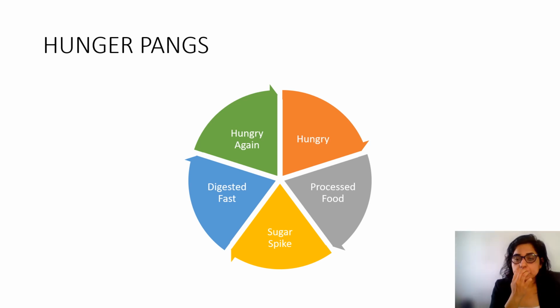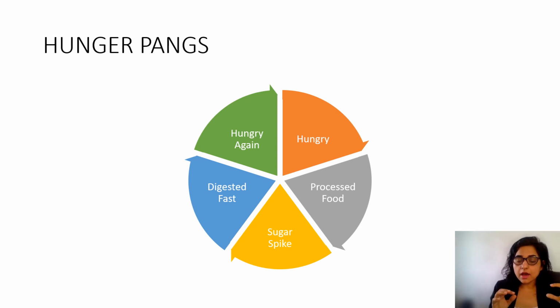Okay, now let's look at this cycle of hunger pangs when we eat processed foods. When we are hungry, we reach out and press the button for processed foods. Now these processed foods are concentrated in the amount of calories they have. They go into our body, but they are very easily assimilated and digested in our body. Because of which our body gets a shock and we have a sugar spike.